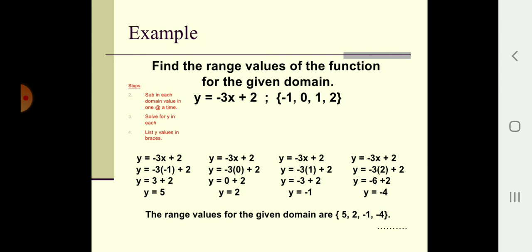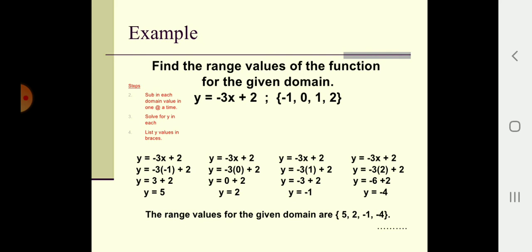Here, y equals negative 3x plus 2, and the domain is negative 1, 0, 1, 2. Here are the solutions. y equals negative 3 times negative 1 plus 2, so y equals 3 plus 2, y equals 5.